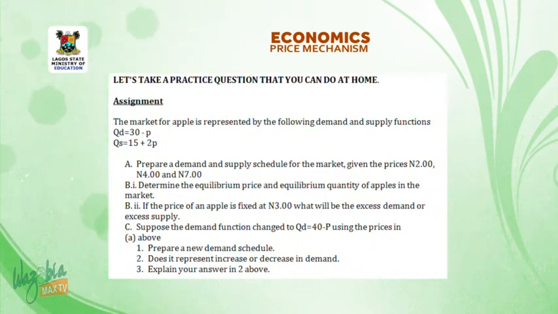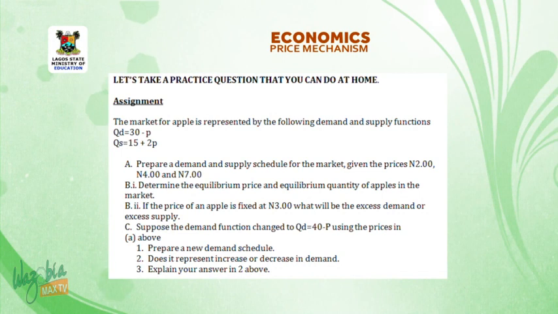The market for apple is represented by the following demand and supply functions. QD = 30 minus P. QS = 15 plus 2P. A. Prepare a demand and supply schedule for the market given the prices 2, 4, and 7.